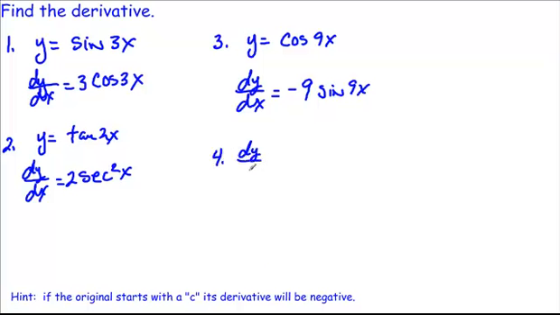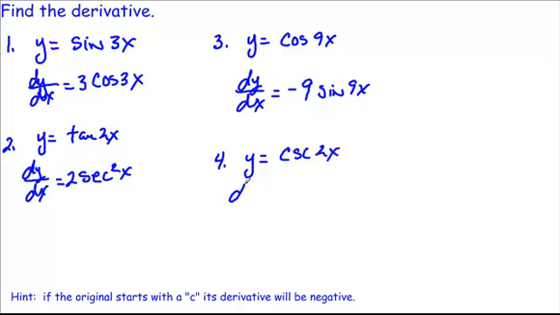One more of these. We need to know the y before we take dy/dx, don't we? Let's fix that. So y equals cosecant 2x.